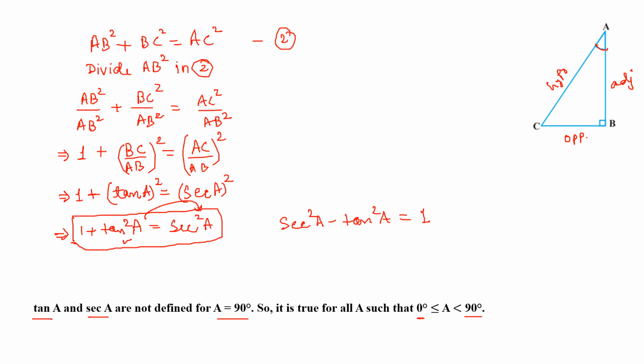Now moving to the third identity. Again here I have taken a right angle triangle ABC, right angled at B, and we know that by Pythagoras theorem, the square of the hypotenuse is equal to the sum of the squares of the other two sides, isn't it? So I can write it as AB square plus BC square is equal to AC square. This is my third identity that I'm going to prove from here. Now I'm going to divide by BC square.